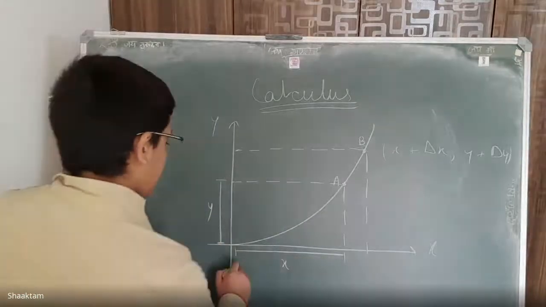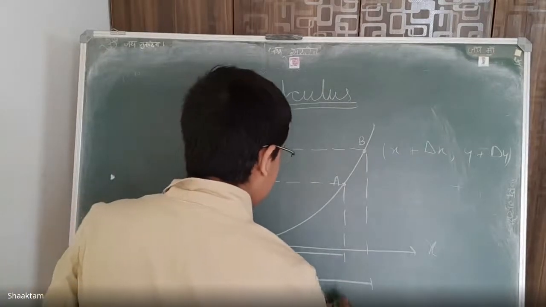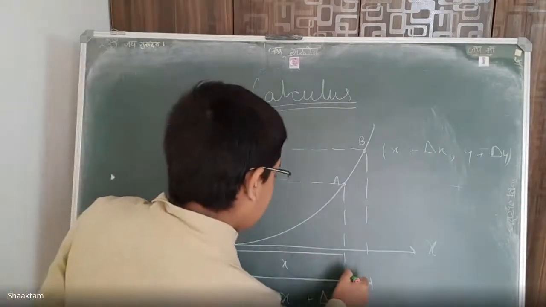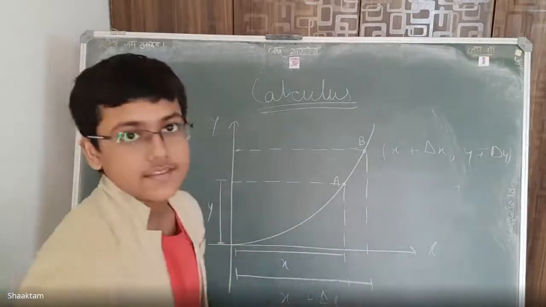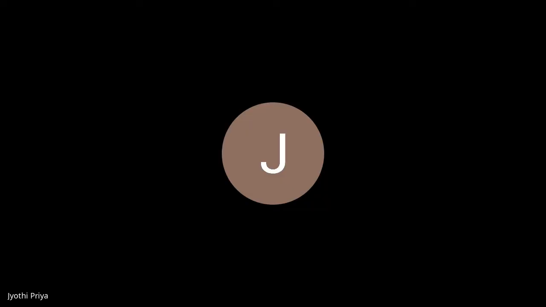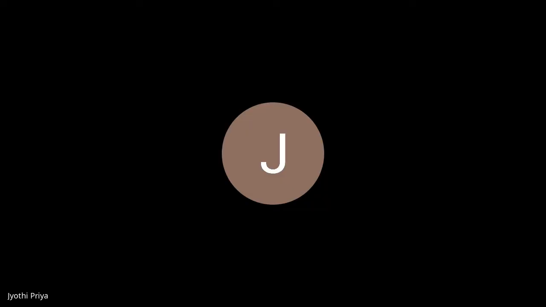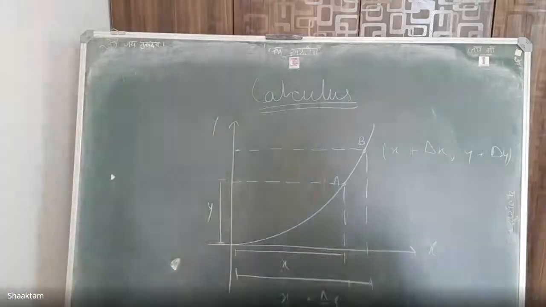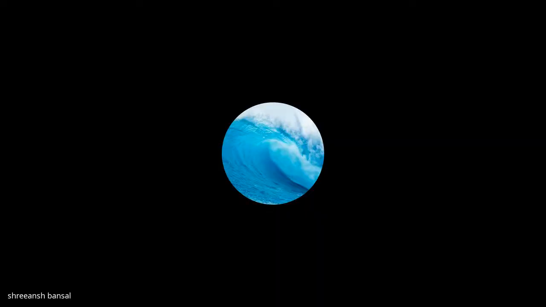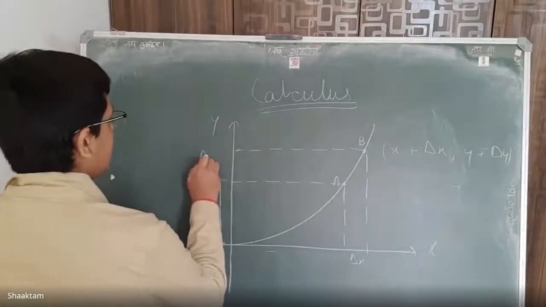I want to find this part. You already know that this is x, so what did I add to make it x plus delta x? Delta x. Good. So this is delta x, and similarly, this will be delta y.